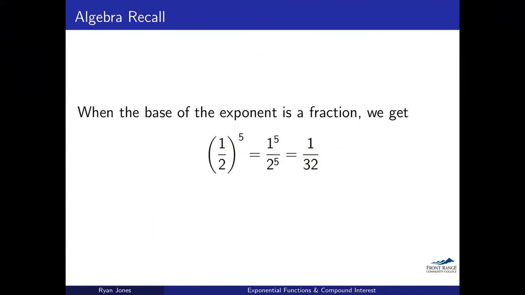What I do want to mention here, now that we've seen these two examples, is that I first showed that 2 to the negative 5th was equal to 1 over 32, and then I showed that 1/2 to the 5th was equal to 1 over 32.